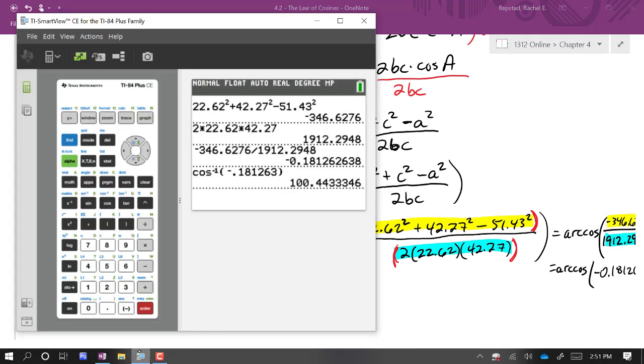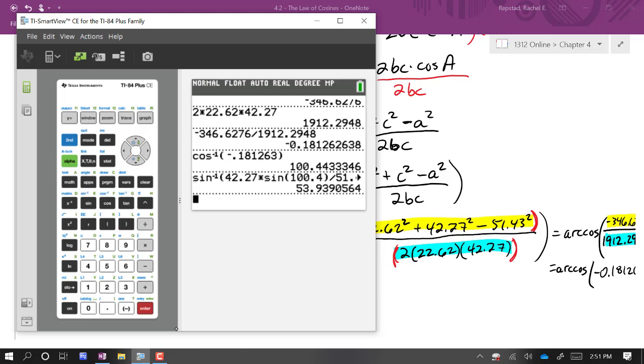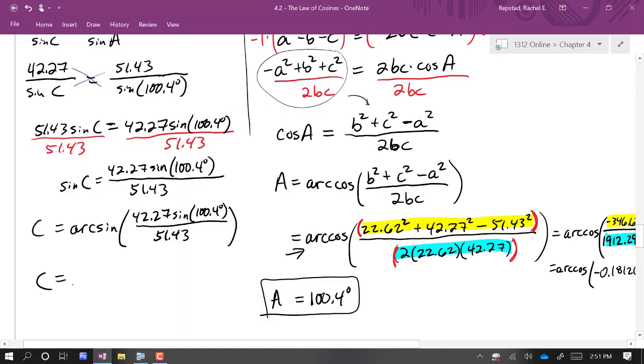And let's see what we get. Inverse sine, 42.27 times sine of 100.4, closing the parentheses on sine, divide by 51.43. We get 53.9 degrees.